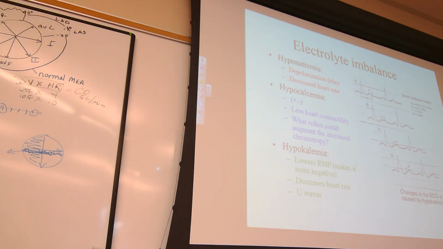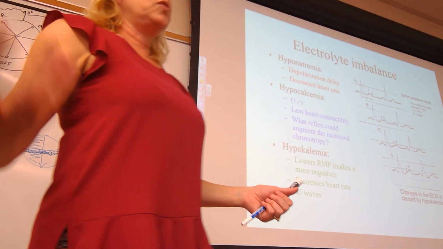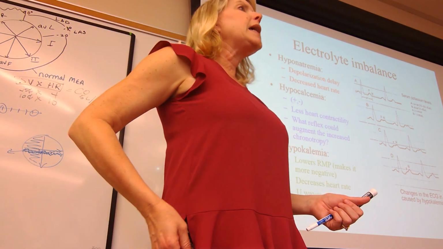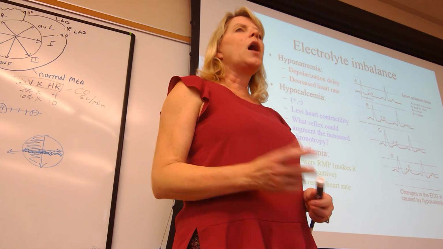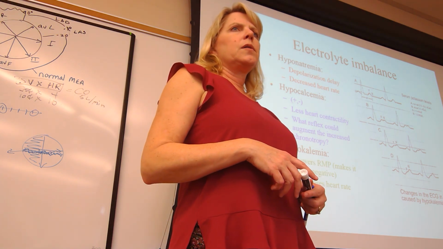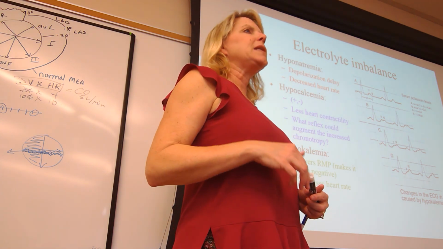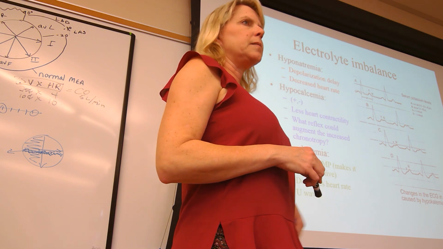For hyponatremia, it would take longer for us to reach threshold. We would see a delay, an abnormal delay. Heart rate would go down. So chronotropy would be negative, slower heart rate.